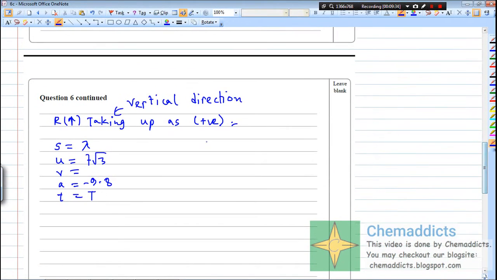Here the initial velocity is 7i plus 7 root 3 j.